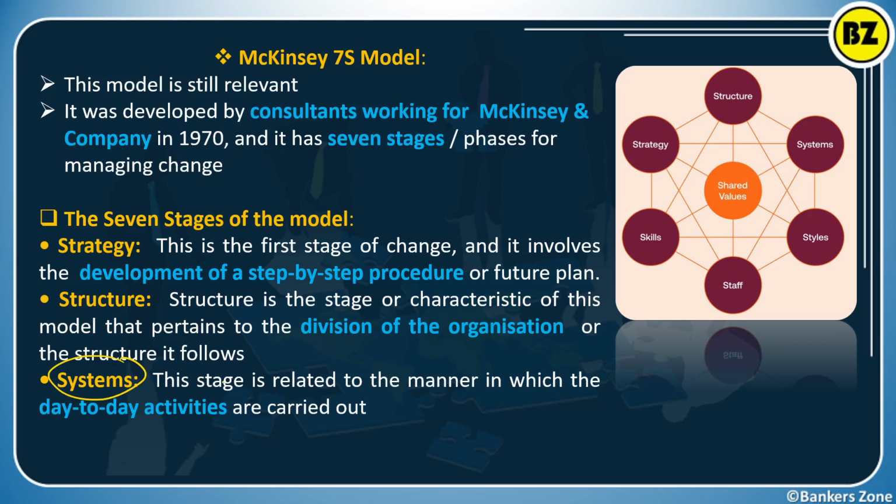Next, systems means this stage is related to the manner in which day-to-day activities are carried out. How the day-to-day activity of the organization is being carried out, that is supposed to be understood. Okay, that is the systems. Strategy means the future plan. Structure means you have to divide the structure of the organization. Systems means you have to understand how day-to-day activities are being carried out, and if we implement the changes, how that is going to affect them, right?